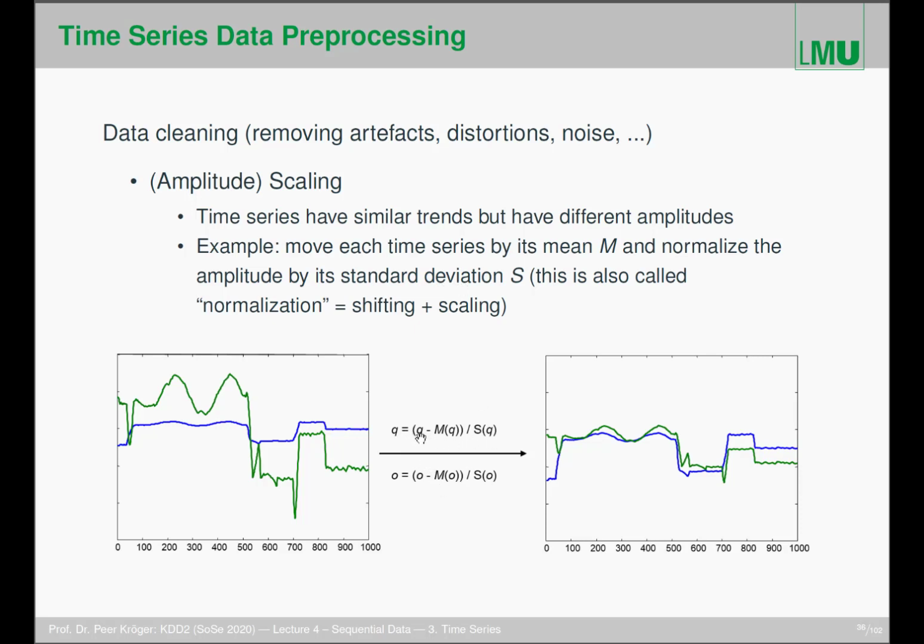You take the original time series minus the mean of the time series, divided by the standard deviation of the time series, and you do that with each time series, and you see that now they have at least a comparable amplitude, along the x-axis. Of course, the y-axis is always the time, and those are all univariate time series.